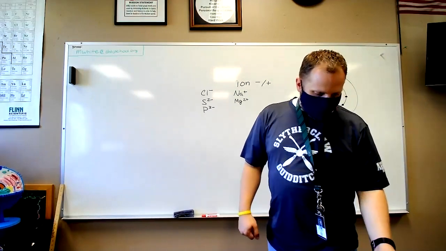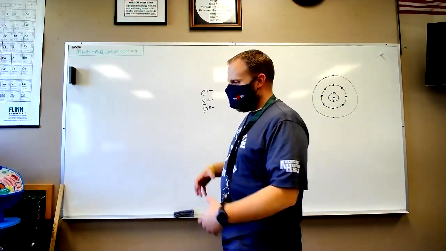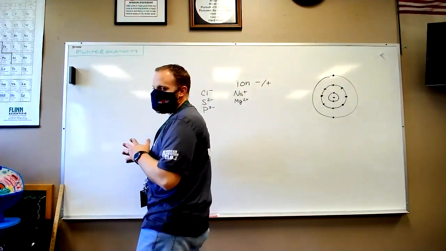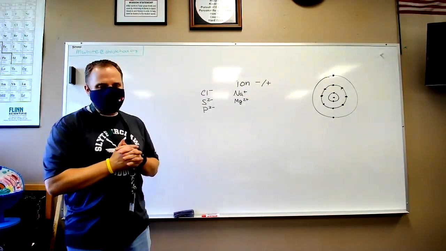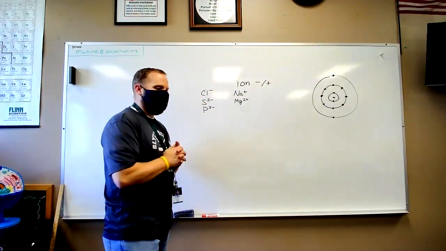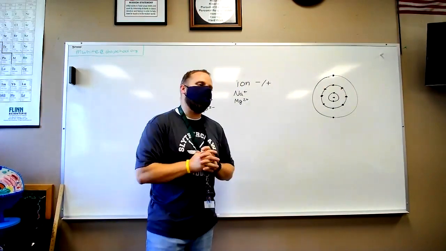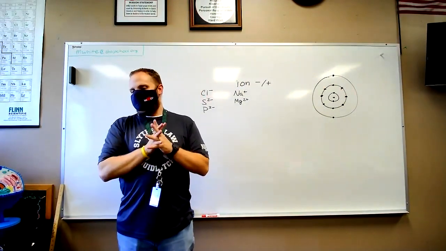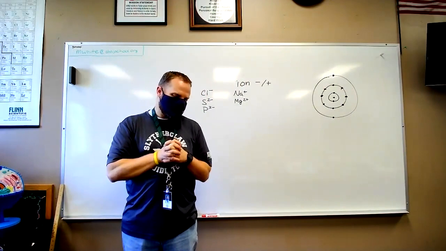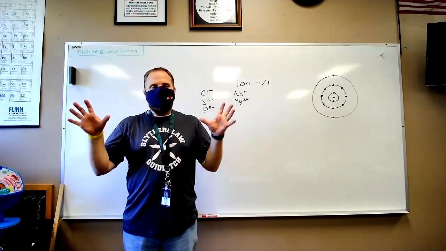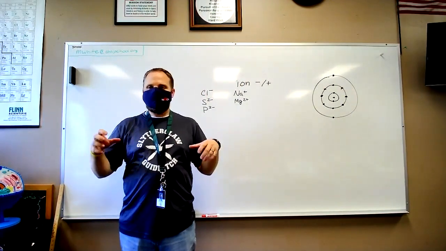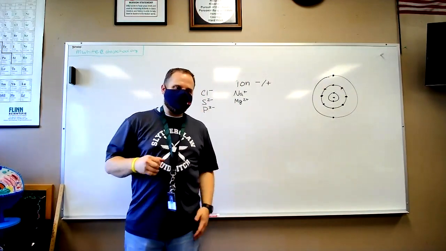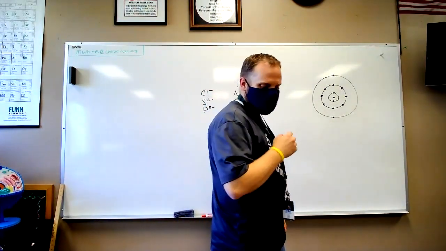Like I said, we're going to revisit electronegativity several times. That concept will come back over and over in this class. So if it doesn't 100% make sense yet, we'll come back and revisit it. Don't stress about that.